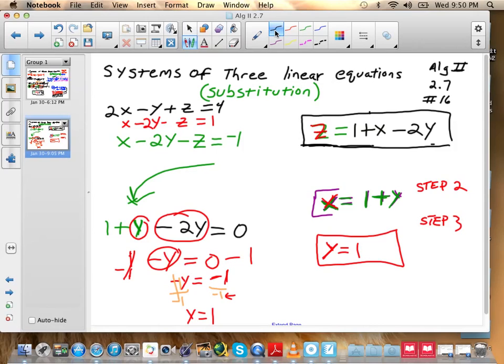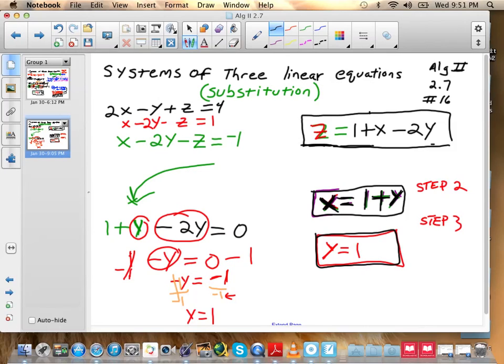So z is 1 plus x minus 2y, x is equal to 1 plus y, and y is equal to 1. And that will conclude step 4. Okay, that concludes step 4.